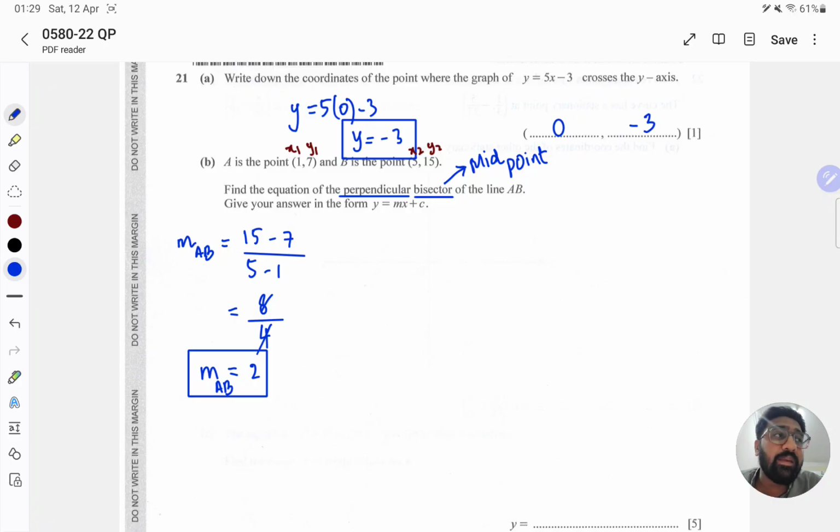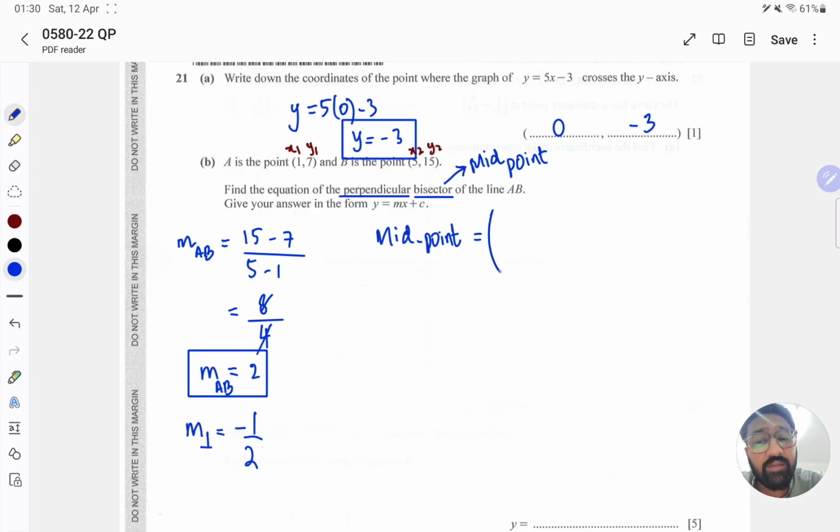But we are basically finding the equation of the perpendicular line of AB. For a perpendicular, the gradient is flipped and the sign changed. So the gradient will be minus 1 by 2. The other thing is we need the coordinates through which the line is passing, and I told you that is the midpoint of AB. The formula for the midpoint of AB is x1 plus x2 over 2 comma y1 plus y2 over 2.